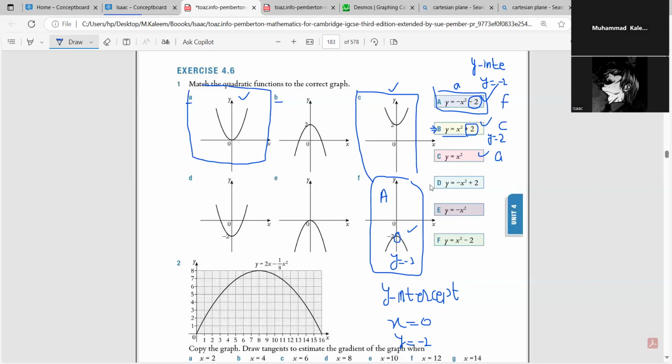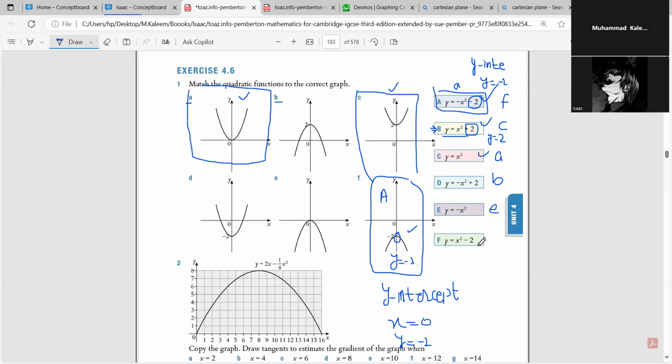Yes, it is, because it's negative and the y-intercept is 2. Next. Is it E? For E, we have E. Yes, it is.